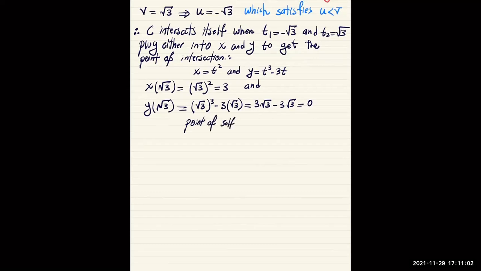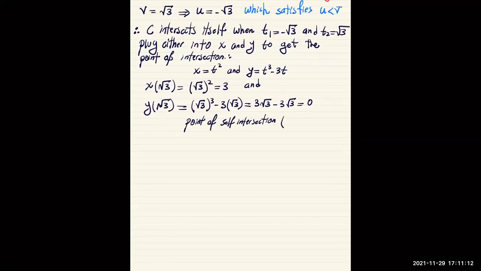Professor, we could either plug in negative square root 3 or square root 3, right? Absolutely. They both give you the same point because that's what we said in the beginning. X and y are equal at those two t values. Either one, you could check.